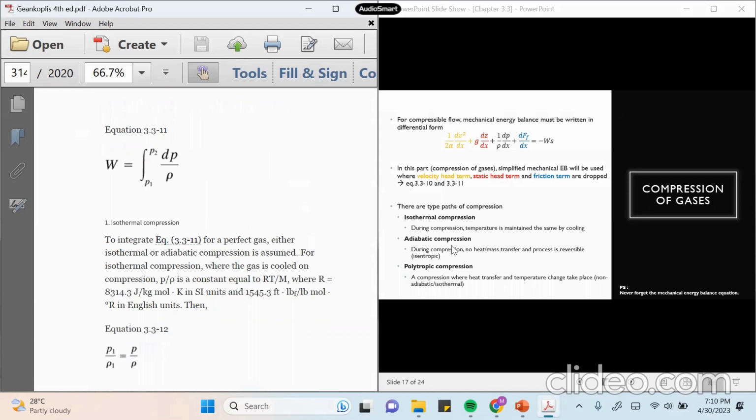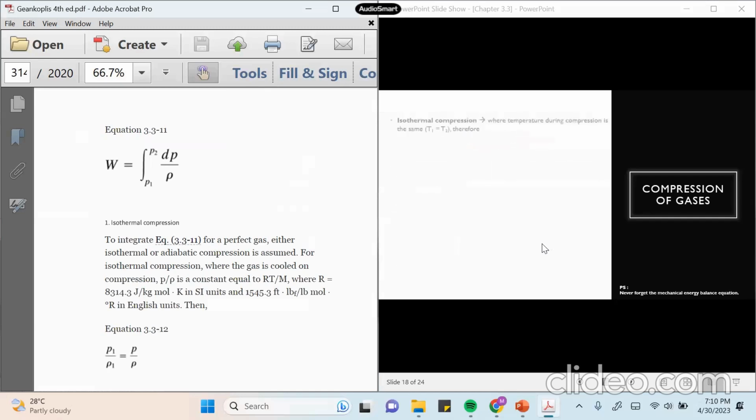The second one is adiabatic compression: during the compression, there is no heat or mass transfer, and the process is always reversible. For polytropic compression, heat transfer and temperature change take place, so it's non-adiabatic and non-isothermal. That's polytropic.